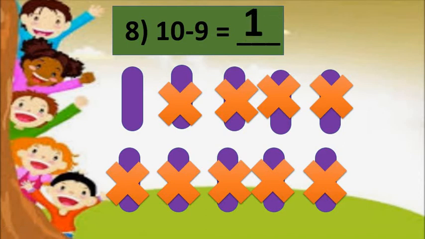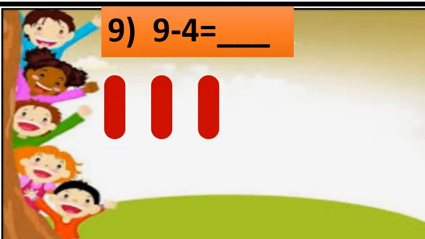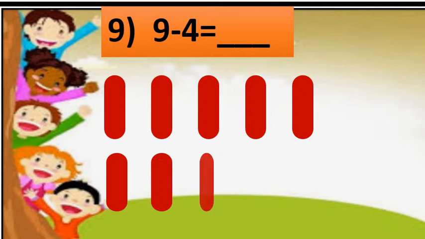Leave one line and then write FB number 9. 9 minus 4 is equal to dash. 1, 2, 3, 4, 5, 6, 7, 8, 9. Minus 4.